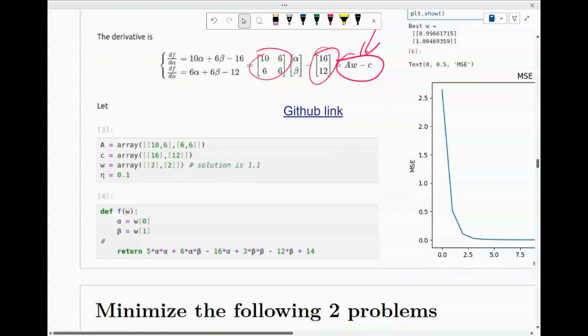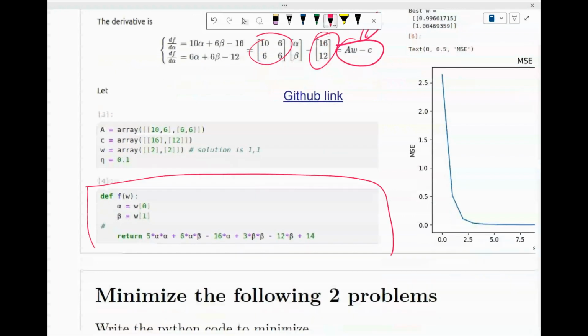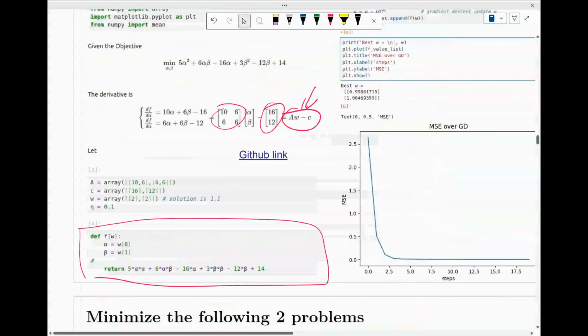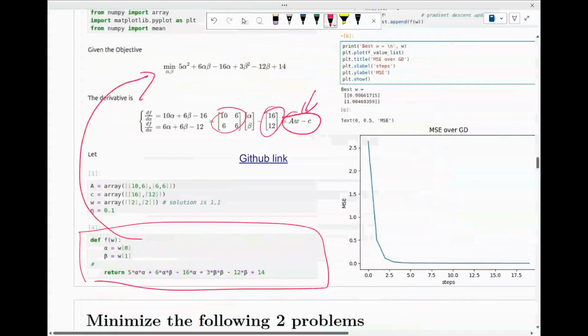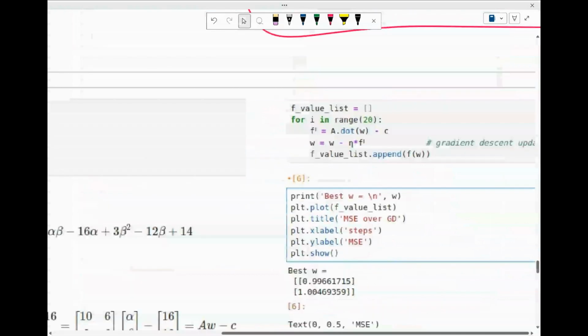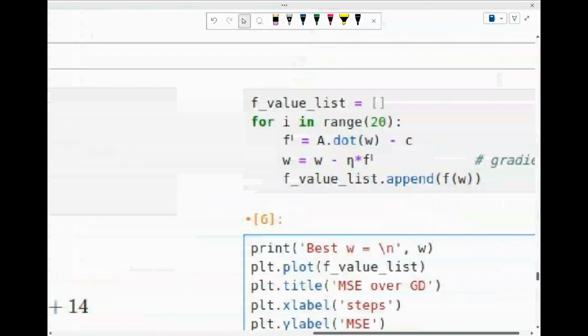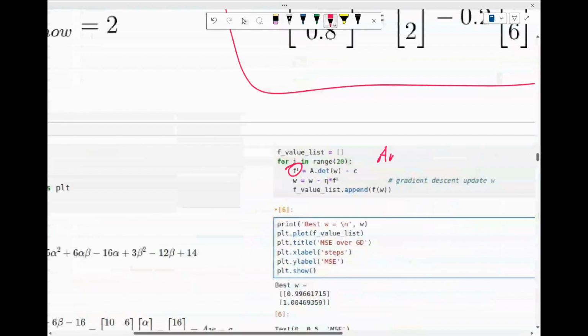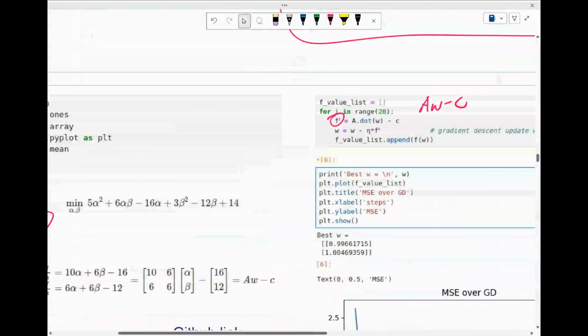After that, I define the function, which I just copied from here. So they're the same function. Once I copy the function, now we're ready to write gradient descent. Now, remember, we can calculate the derivative by doing AW minus C, which I showed you, which is right here, AW minus C.